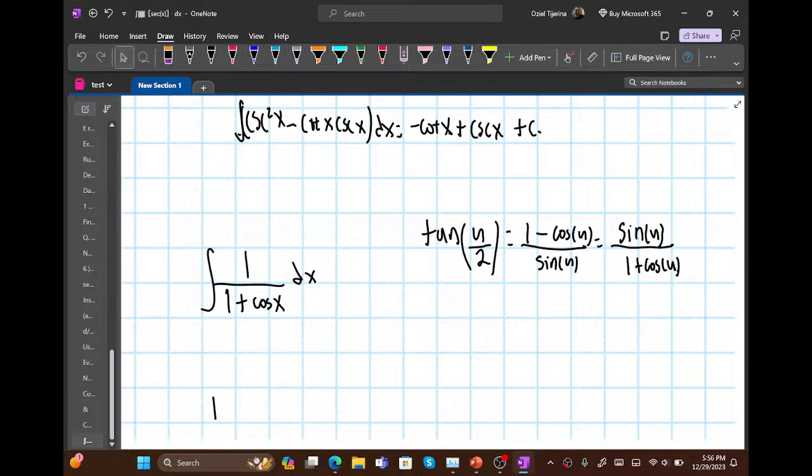Can you give me the one for cosine? I always forget what it is. Hold on, let me look it up.